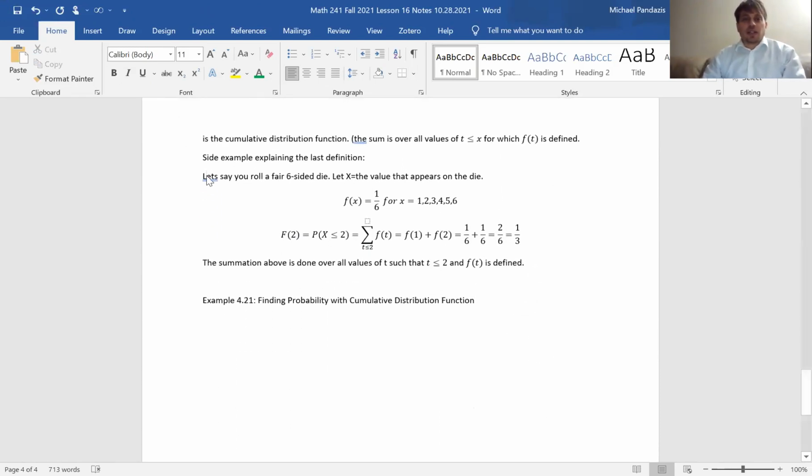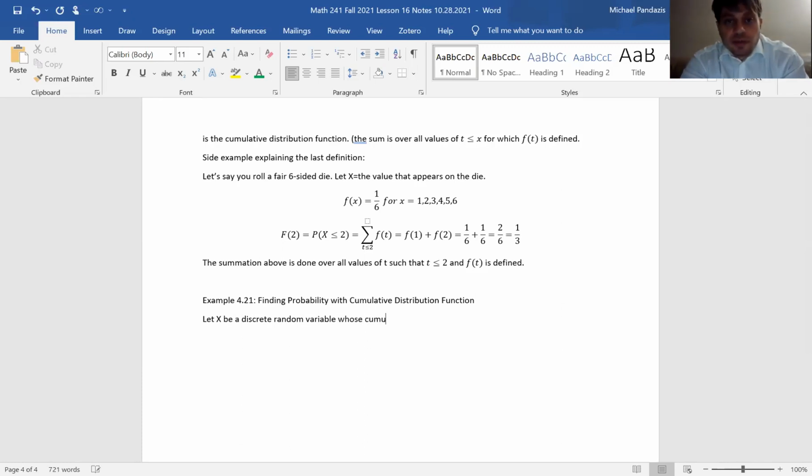Okay, so here in example 4.21, you want to find probabilities with a cumulative distribution function. Let capital X be a discrete random variable whose cumulative distribution function is the following.